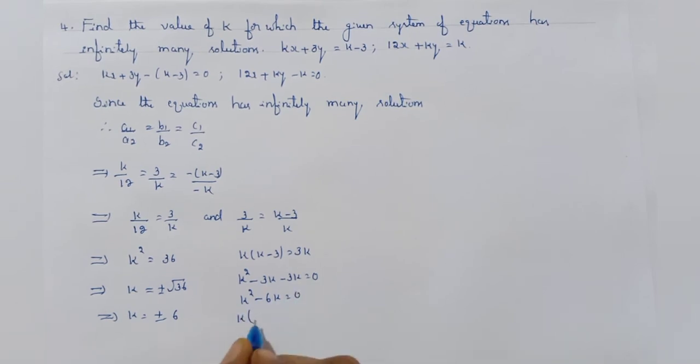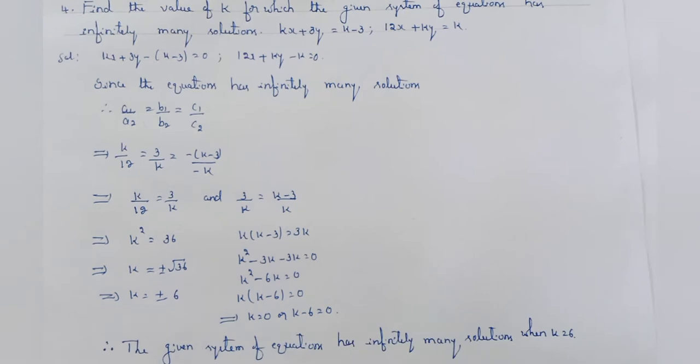Take K common factor. K into K minus 6 is equal to 0. So K is equal to 0 or K minus 6 is equal to 0. Therefore, the given system of equations has infinitely many solutions when K is equal to 6.